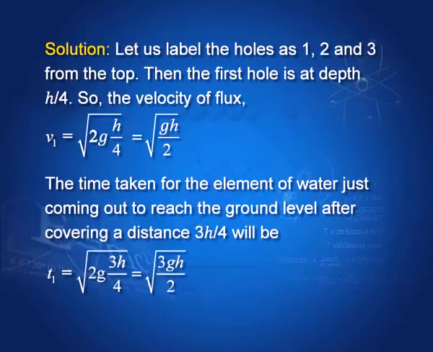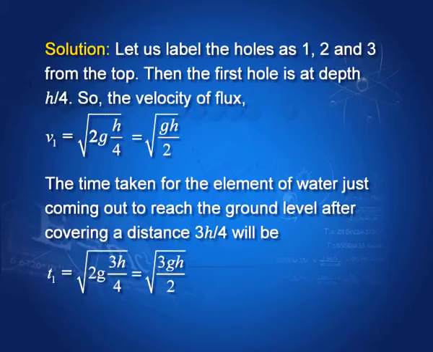That is the scheme. So, the time taken for this element of water just coming out to reach the ground level after covering a distance 3h by 4 will be T1, which will be equal to the square root of 2 into 3h by 4 divided by g. You recall your equations that distance covered is equal to half g t squared if the initial velocity is 0.